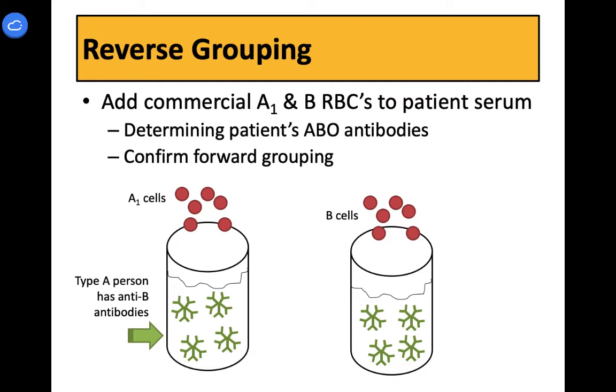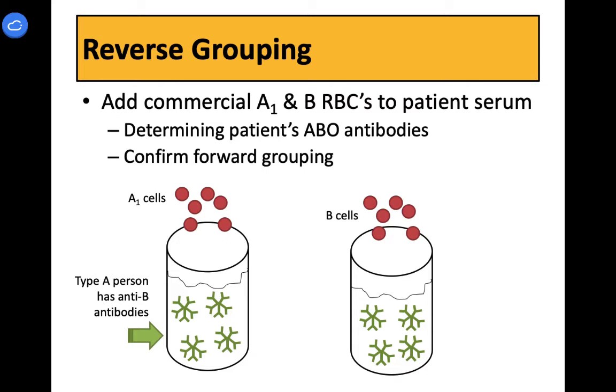And in the serum are going to be the antibodies that that patient has. So remember Landsteiner's rule, you have the antibody for the antigen that you lack. And remember that our patient was an A positive patient. So if they have the A antigen, they should contain anti-B antibodies in their serum. The little green snowflakes on the bottom are supposed to represent antibodies.